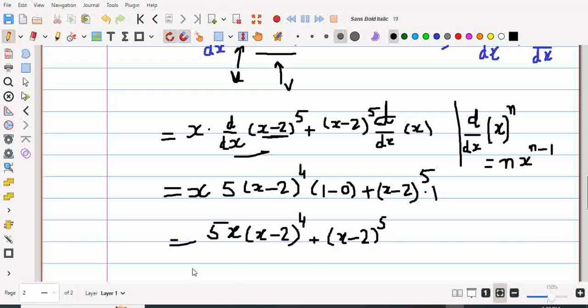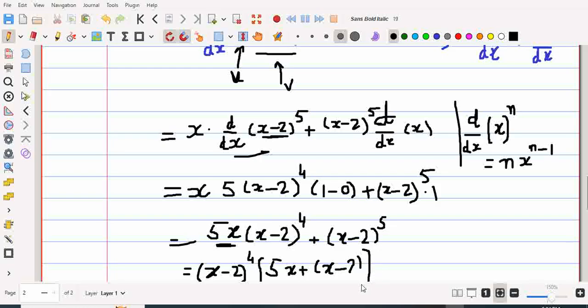You can leave it as it is, or if you want to simplify it, you can take (x minus 2) power 4 as common. Inside the bracket we will have 5x from the first term, because (x minus 2) power 4 is common, and from the second term we are left with only x minus 2.